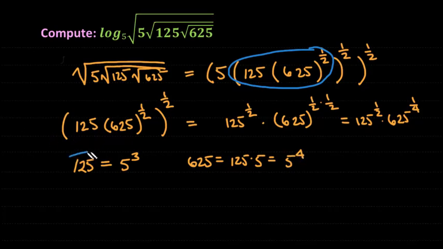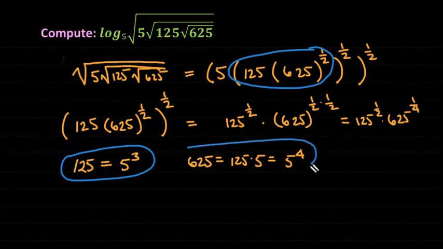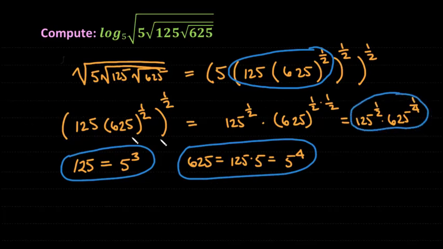So if we substitute this and this into our expression here, we get this being equal to 5 to the 3rd to the 1/2 power times 5 to the 4th to the 1/4 power, where 5 to the 4th is 625, 5 to the 3rd is 125.